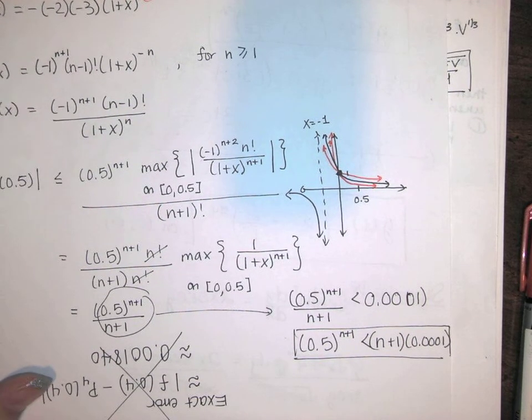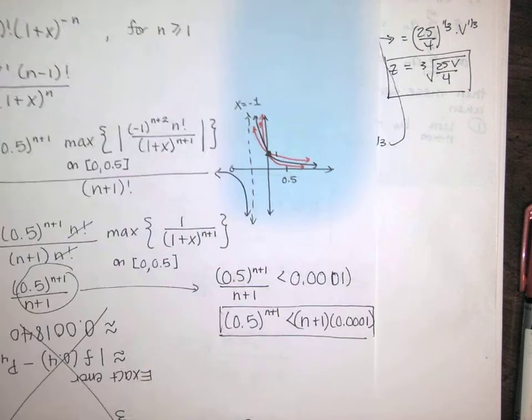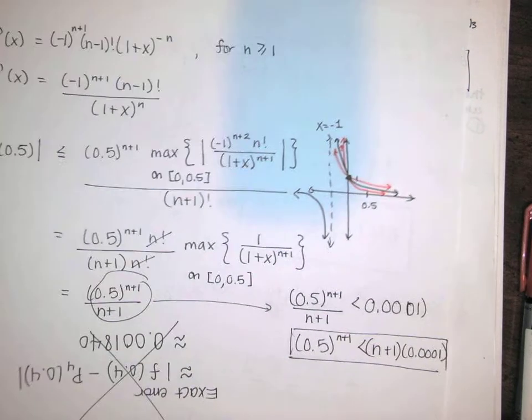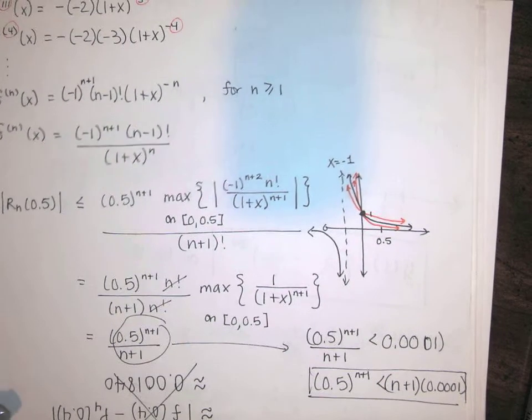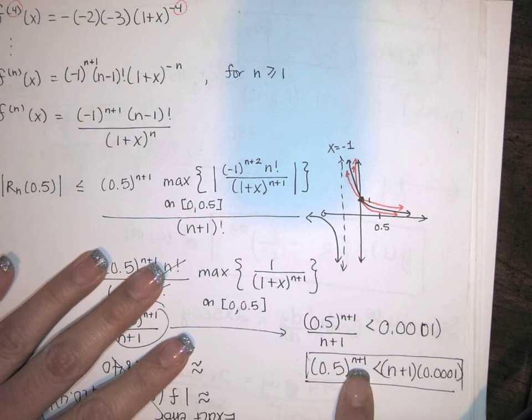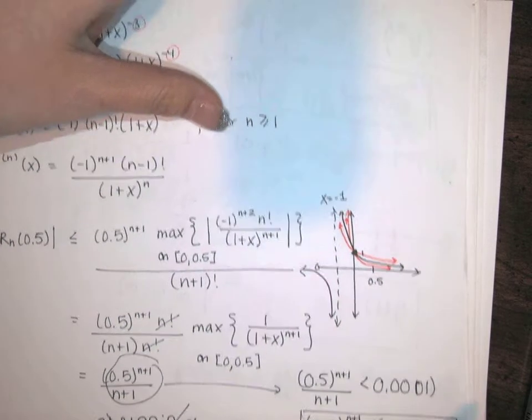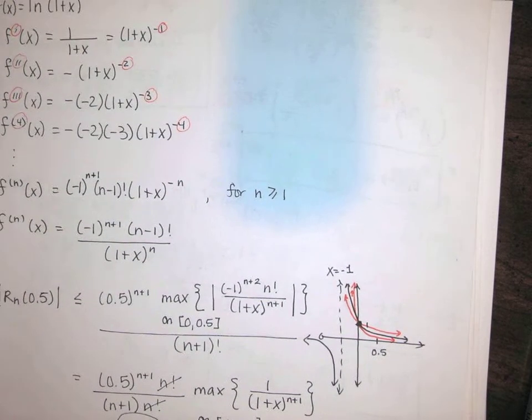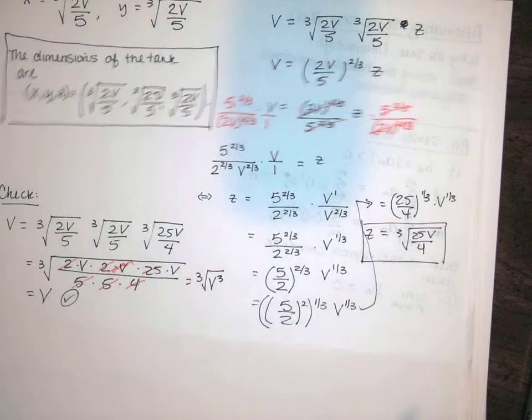It would make a lot of sense to use a graphing calculator in this case. So I'm just going to draw a couple of pictures for you. This is 1/2 to the n plus 1. So that's a problem for Calc 3, sorry about that.